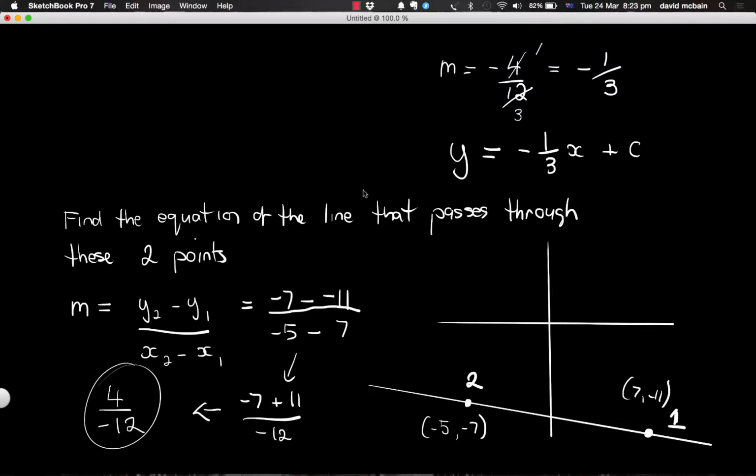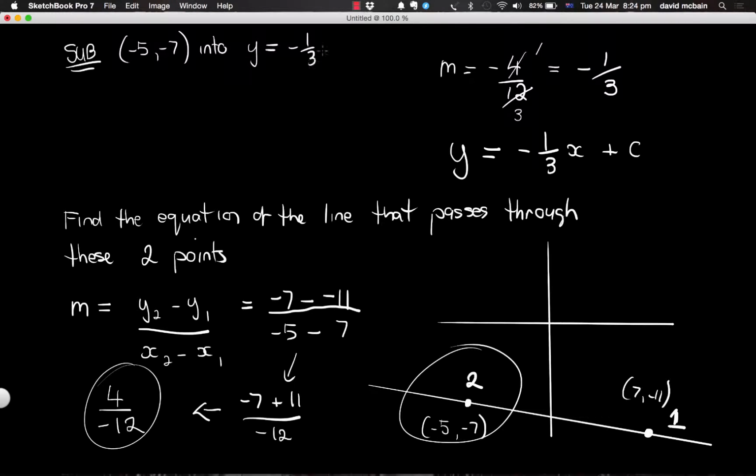Okay. So I'll pick this point here. I'll pick point 2 that I'm going to substitute in. That's right, sub in -5, -7. We're going to substitute -5, -7 into the equation y equals -1/3 x plus c.